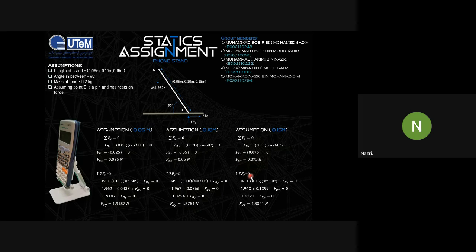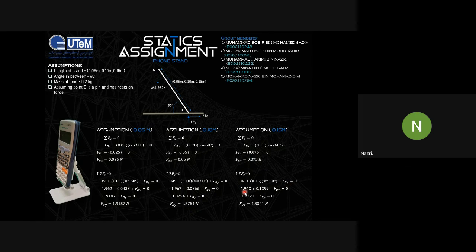Furthermore, reaction force in the y-axis equals 0, and then minus weight plus length of stand, which is 0.15 multiplied by the angle in between, sin 60 degrees, plus reaction force B in the y-axis equals 0.